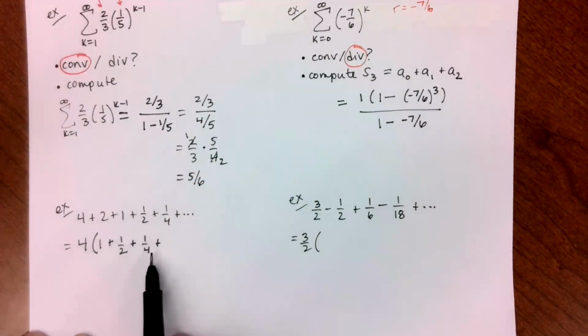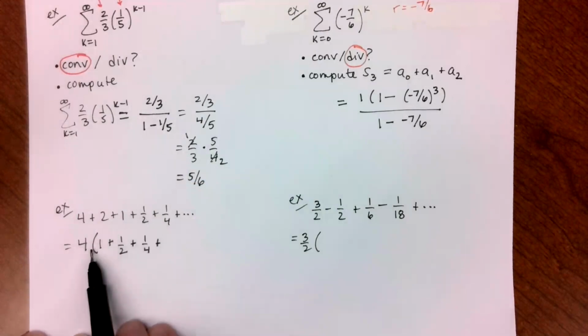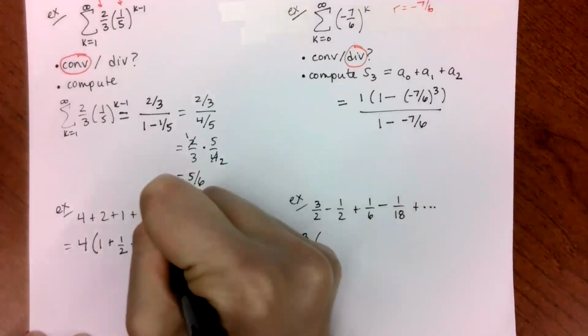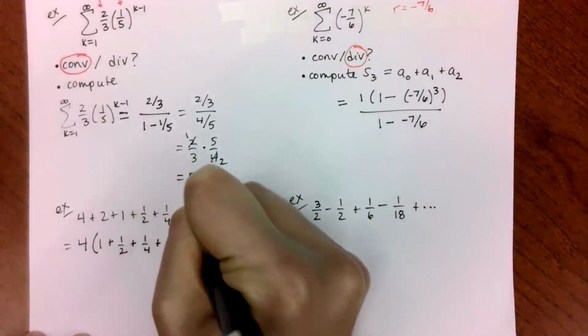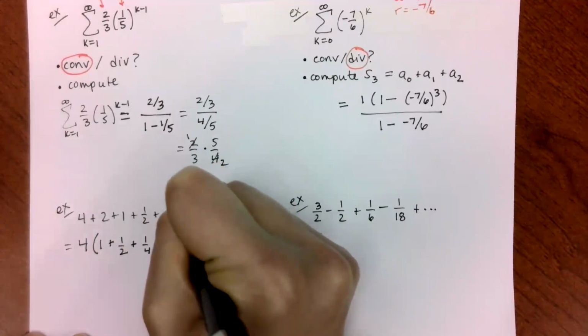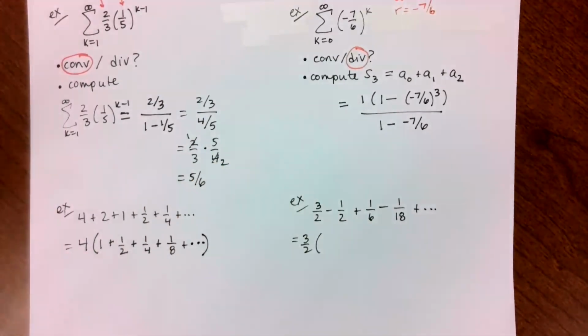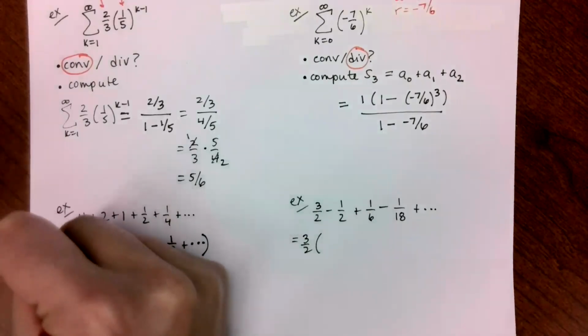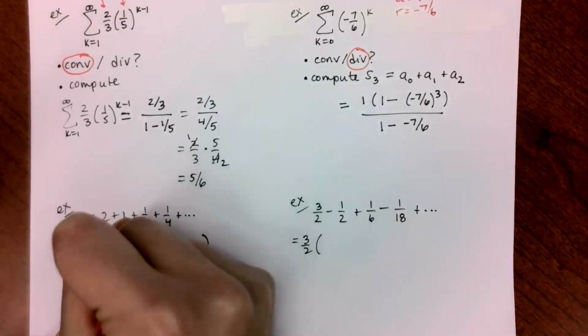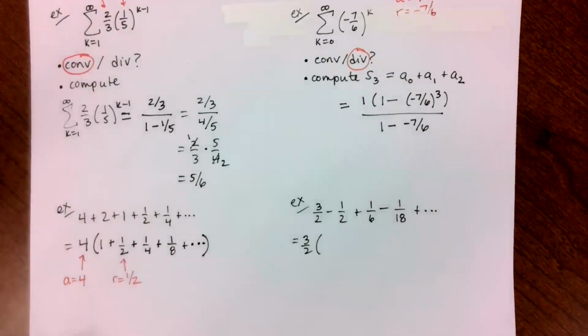So if I go one more, I would have 1/2 divided by 4, which is 1/2 times 1/4. That gives me 1/8. So I have a lot of assurance here that these are all powers of 1/2. So I can tell from looking at this that my A is 4 and my R is positive 1/2.